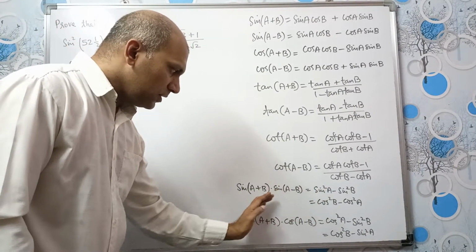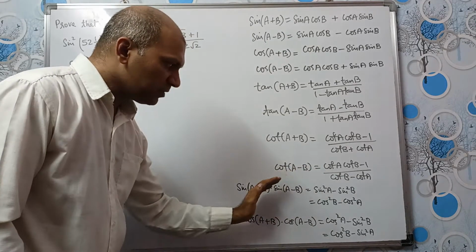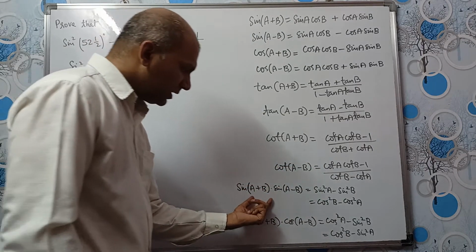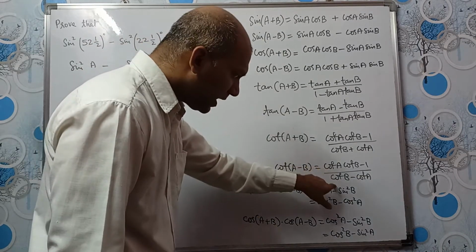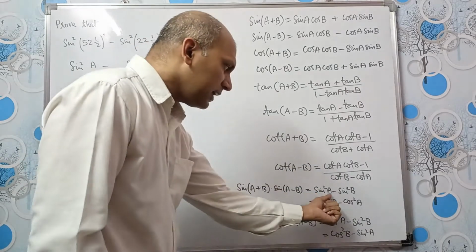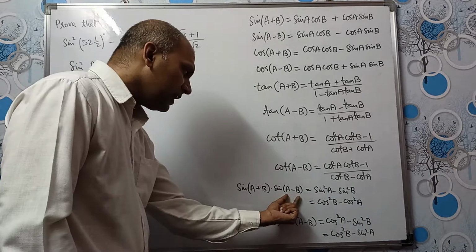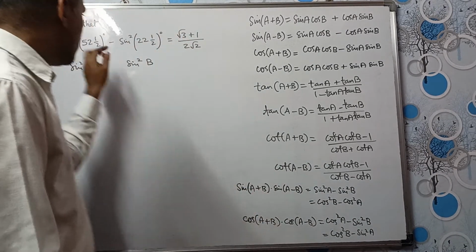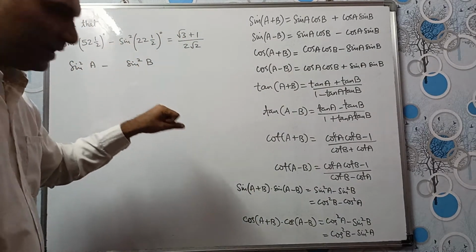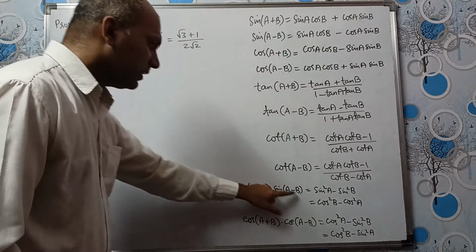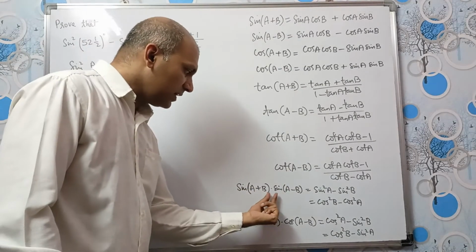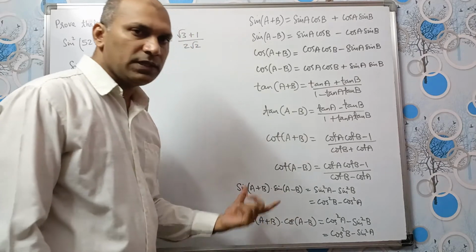Here, see, I told you to remember the formulas both ways, from LHS to RHS and from RHS to LHS. Now it is sine A minus sine B. So can we write that as addition and subtraction? If we add this, we are getting 75. If we subtract this, we are getting 30 degrees. So sine 75 multiplied by sine 30 will be the answer.